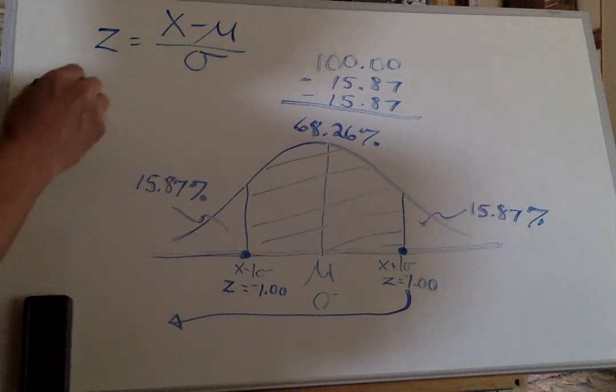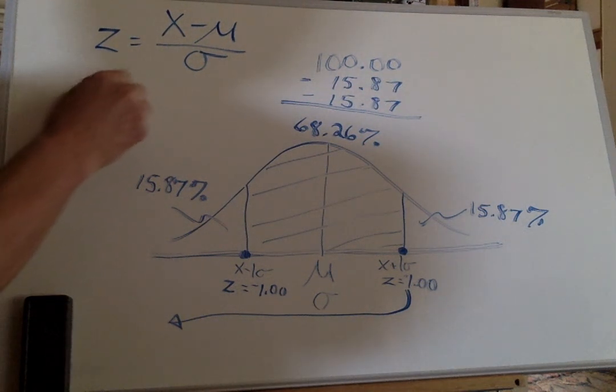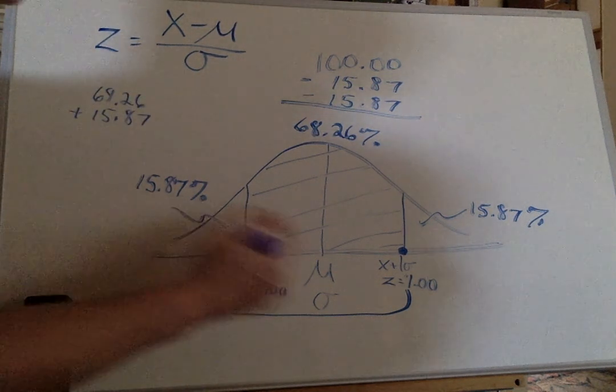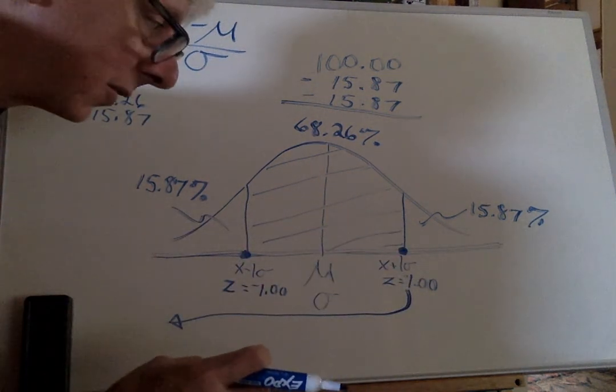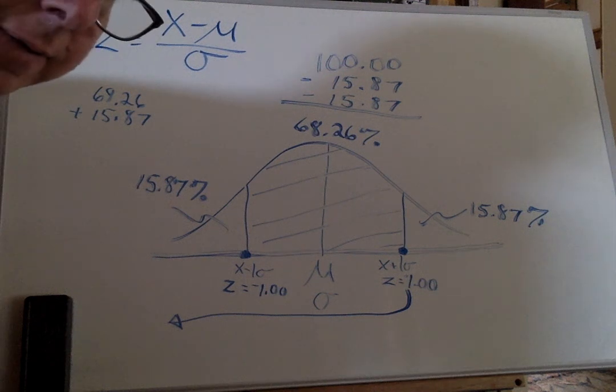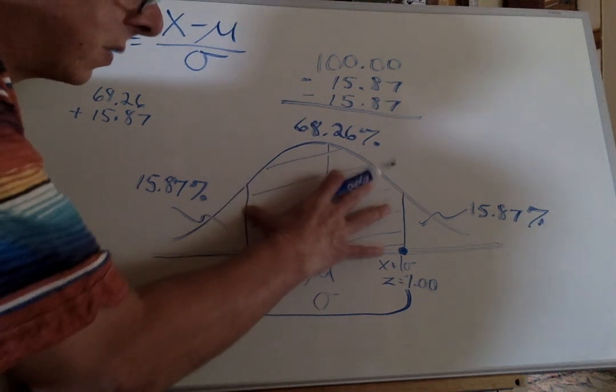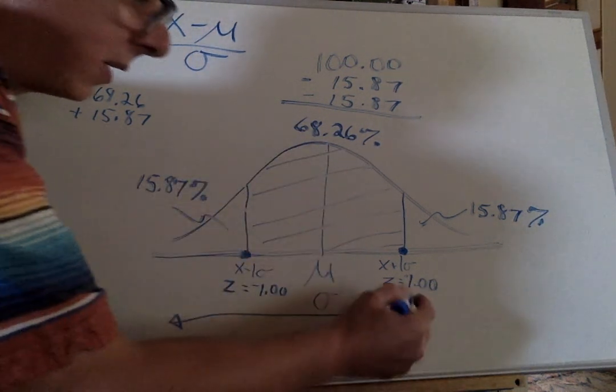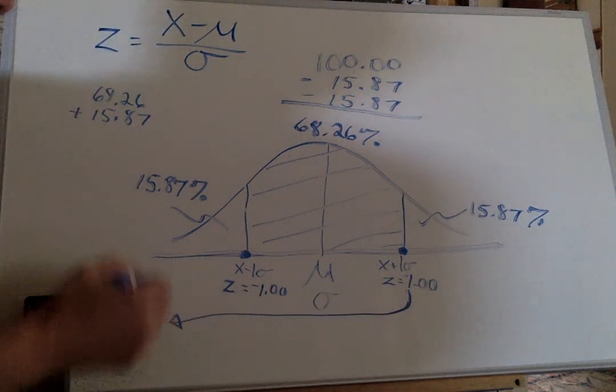So in that case, I'm going to do 68.26 plus 15.87, because if I'm asking about percentiles, this is a different question, right? 68.26 is in here. If I'm asking percentiles, I want here and everything below it.